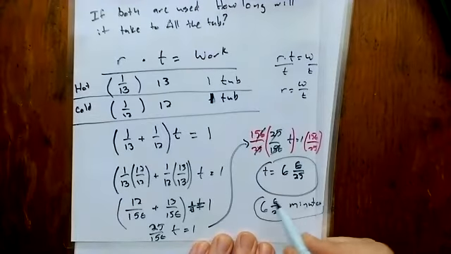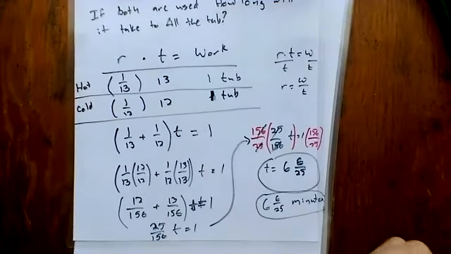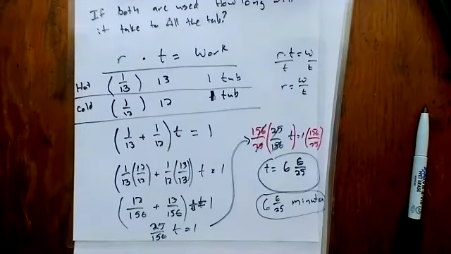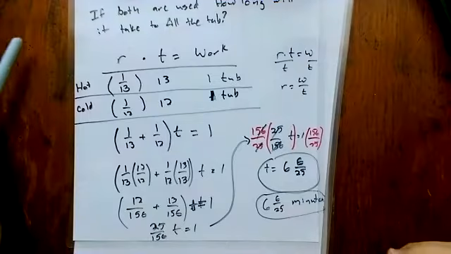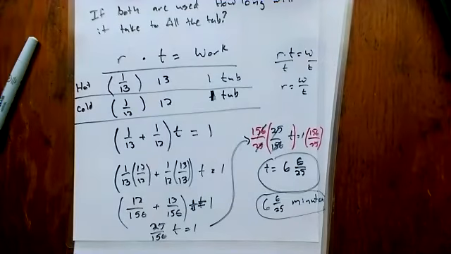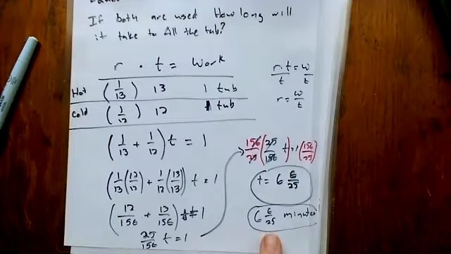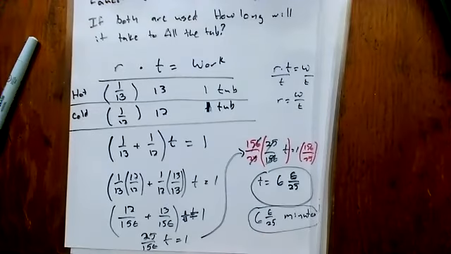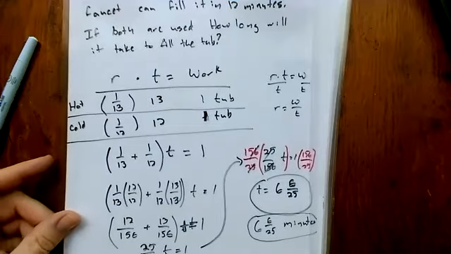We could probably figure out what this is in minutes and seconds, but it's okay to leave things as fractions, at least for the moment. There are other ways to figure out what this would be in seconds if we wanted to, but I'm going to take a look at another example.